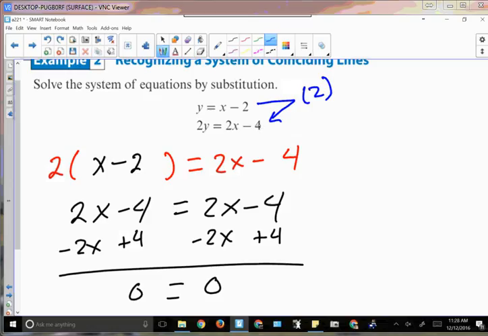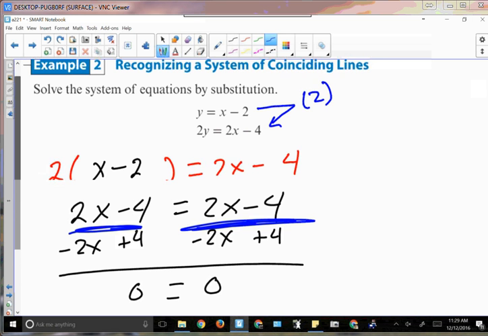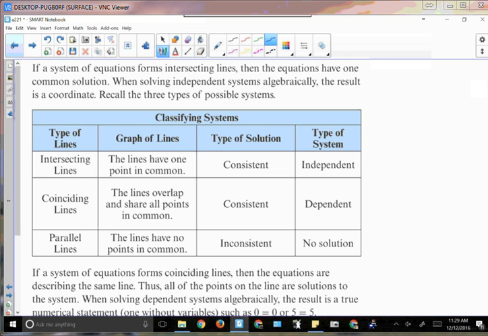If they're multiples of each other, they are going to be exactly the same. And if you get the same thing on the left equal to the same thing on the right, they're always going to be true. So if you run into that situation, you know that they are going to be coinciding, and you know that they are going to be consistent and dependent.